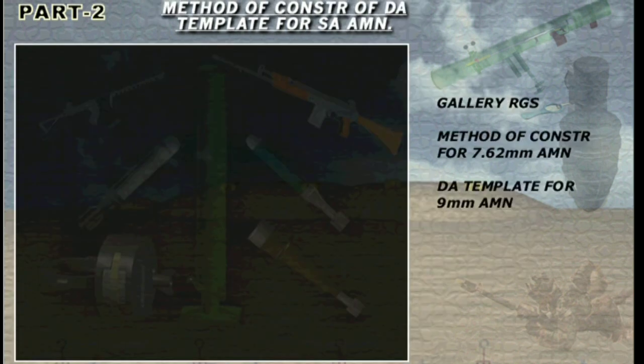Part 2. Method of construction of danger area template for small arms ammunition. In this part, we shall cover the following: gallery ranges, method of construction for 7.62 mm ammunition, and DA template for 9 mm ammunition.